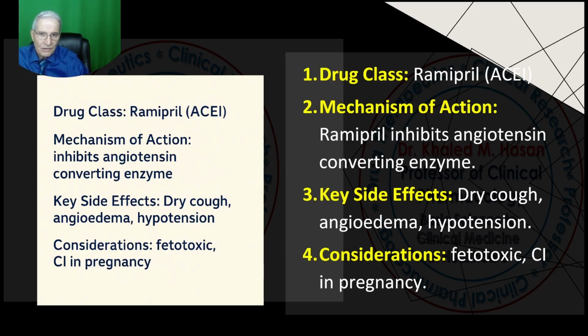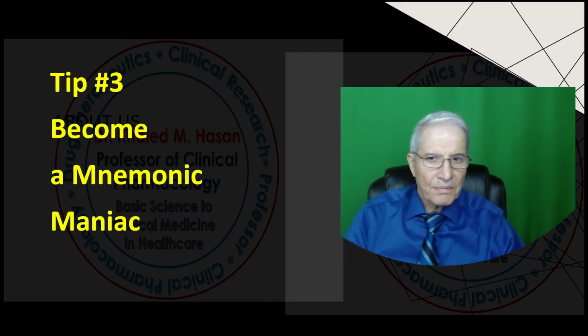And the key side effect, or the important one, or could be the most dangerous, life-threatening one, will be dry cough. Then we have angioedema. Then we have hypotension. Consideration: this group of medication, ACE inhibitors, is considered fetotoxic, and therefore it's contraindicated during pregnancy.